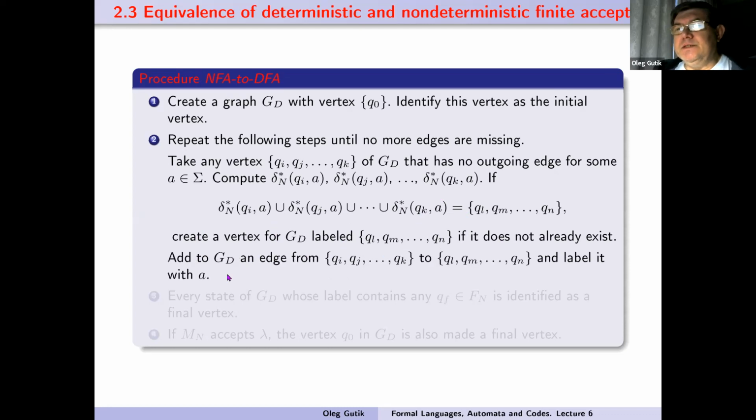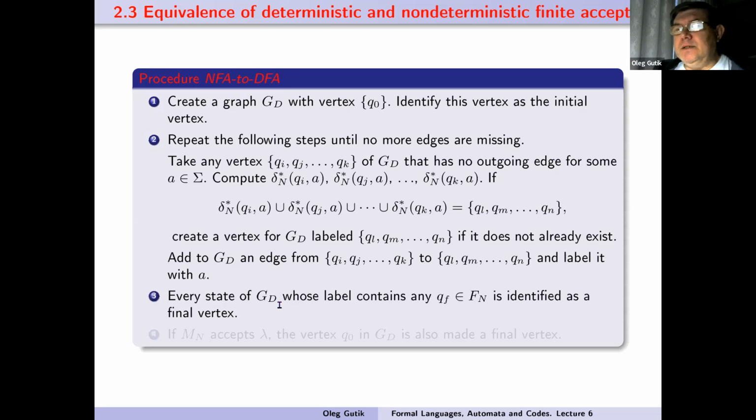Add to the graph GD an edge from the set {Qi, Qj, ..., Qk} to the set {Ql, Qm, ..., Qn} and label it with the letter a.